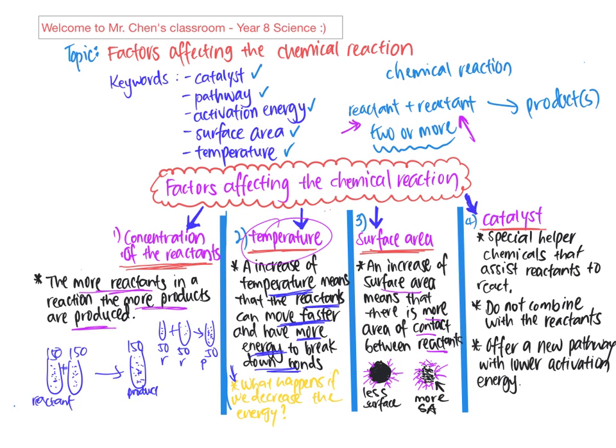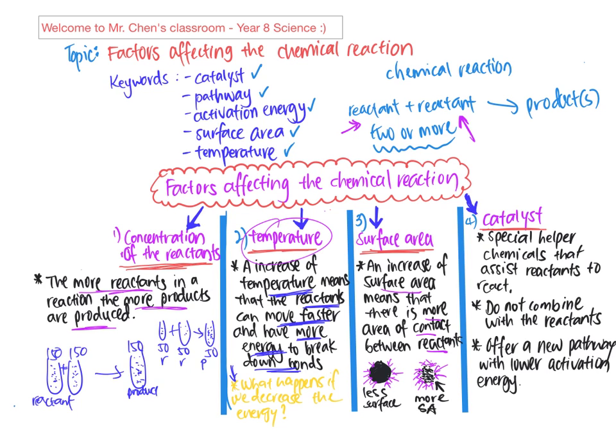So for example, if you have Panadol and you're sick and you want the Panadol to act quicker, you would want it to be in powder form. Another one: if you have heartburn, when you eat too much and feel really nauseous, about to throw up, and then you take heartburn tablets or powder, like putting it in water and drinking it, that is a chemical reaction to neutralize the acid in your stomach.